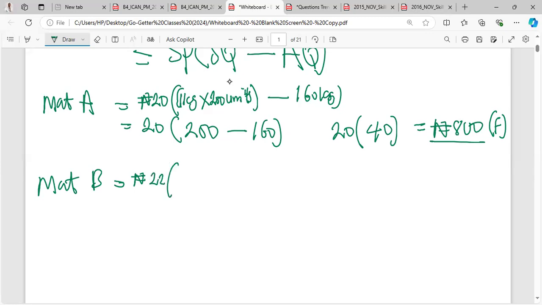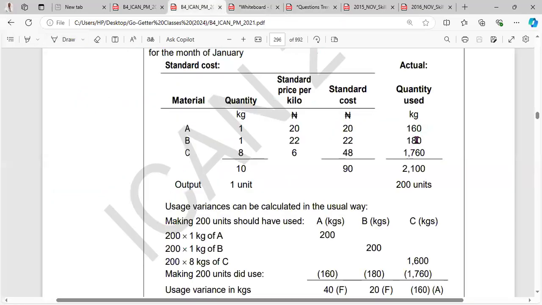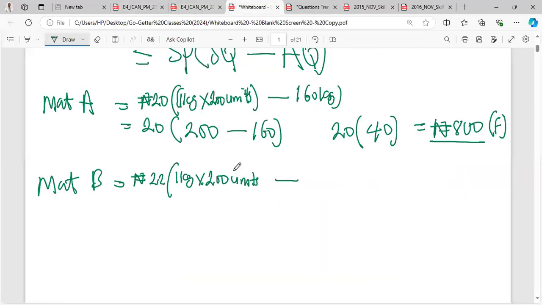We are told we use 1 kilogram and we did 200 units. Now minus how many kilogram was used? 180 actual. 180 was used.